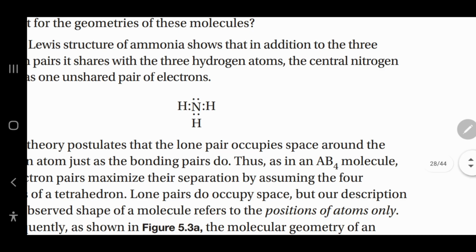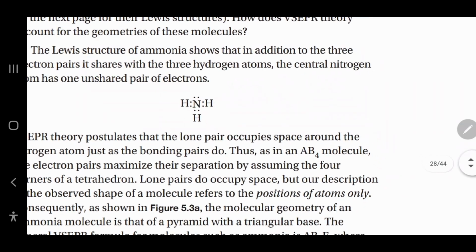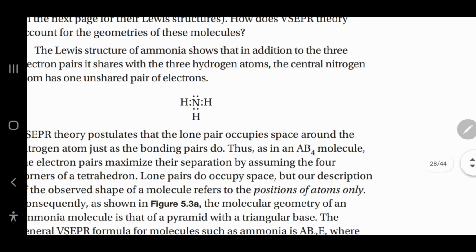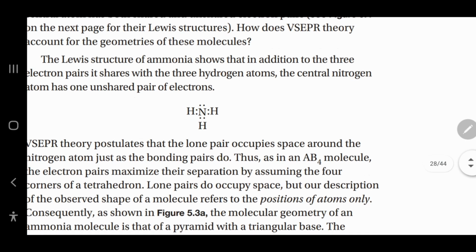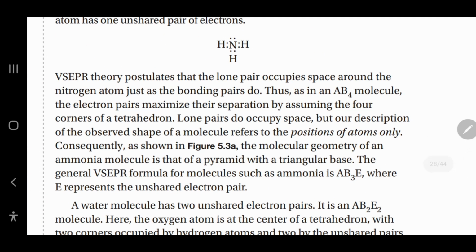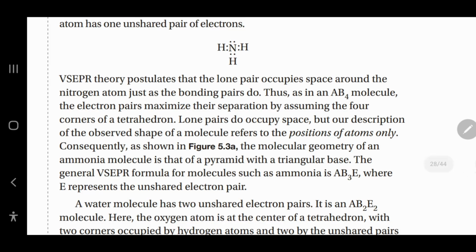So if you have a general formula for a compound with AB3E, the shape will be a pyramid with triagonal base.